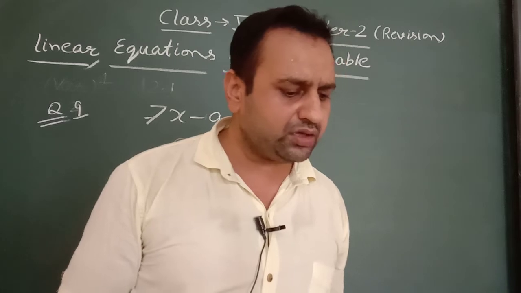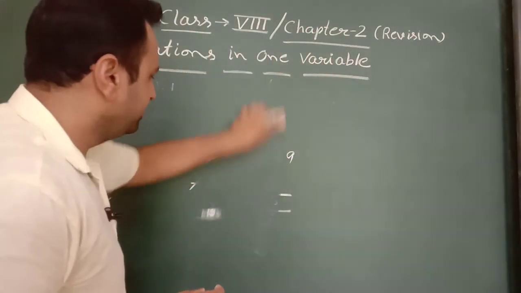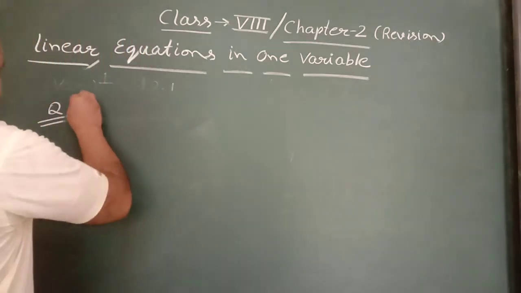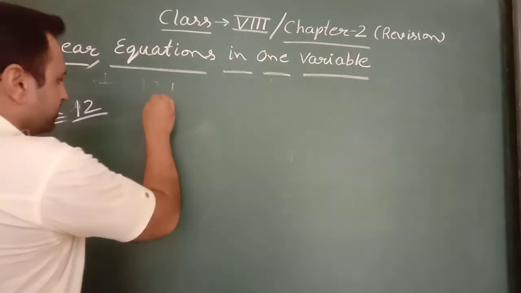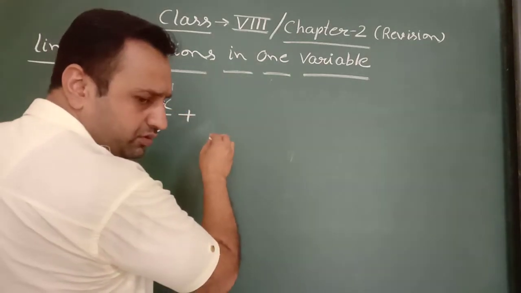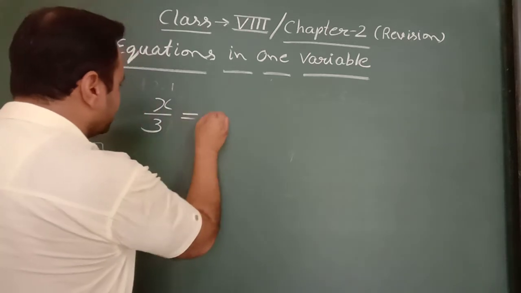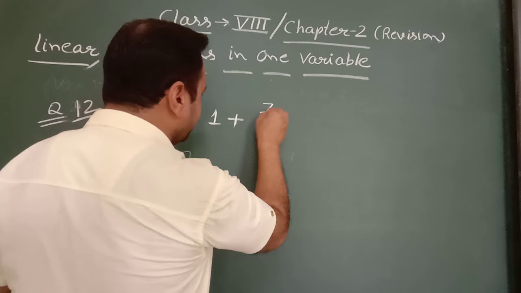Now we have to try question number 12. In question number 12, x upon 3 plus x upon 3 is equal to 1 plus 7 upon 15.